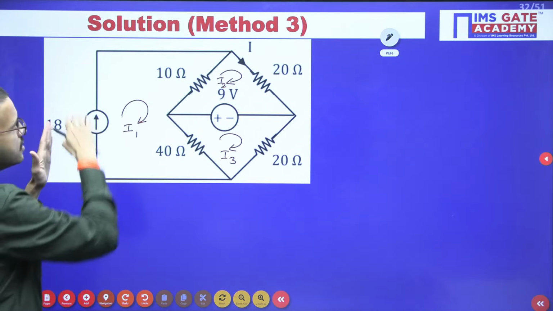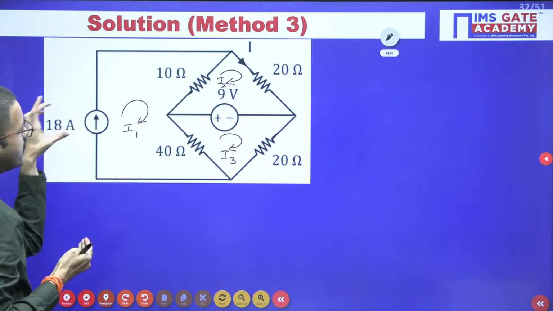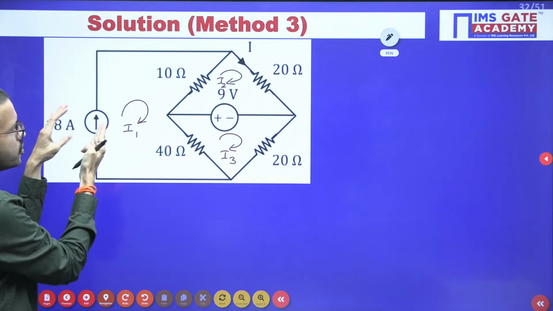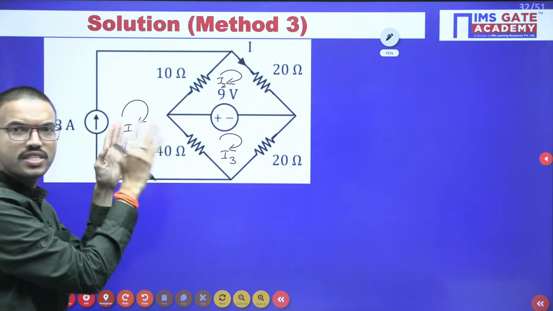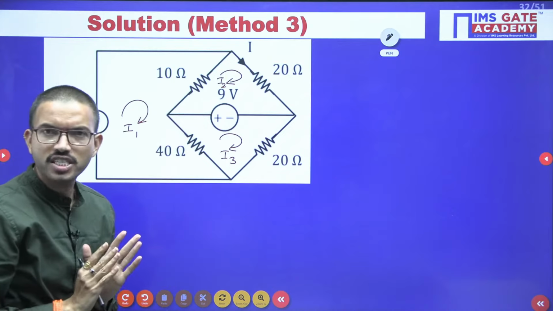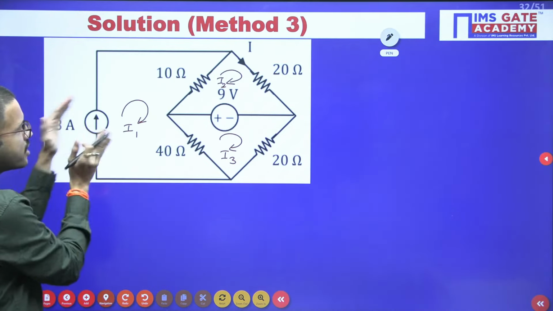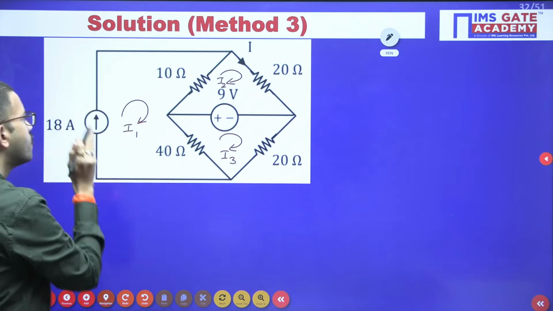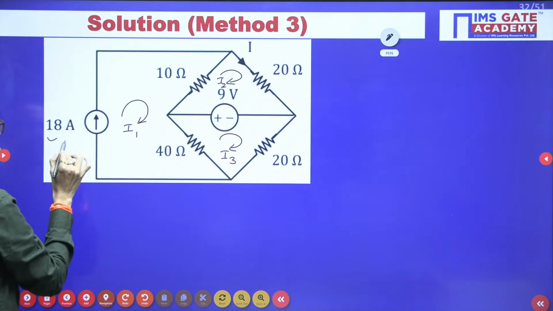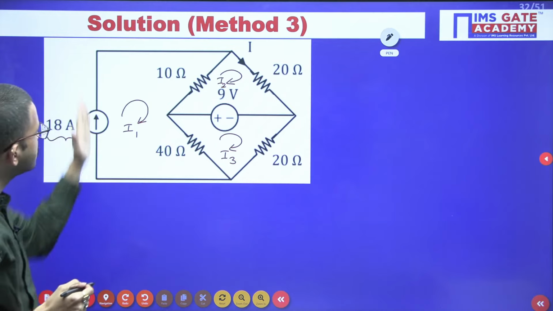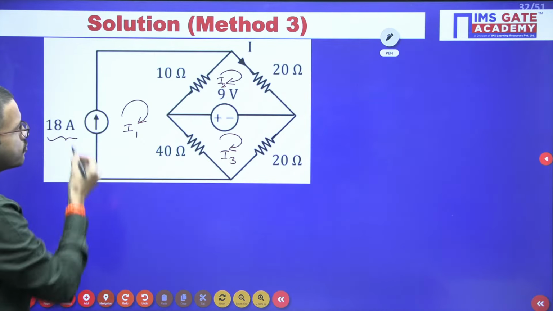Okay. And here, in this mesh, you are having one current source, and this current source is not common for any of the two meshes. Right? So this current source is only part of first mesh only. So whenever you're having like that, so that means the current source value here in this particular branch, 18 ampere current is flowing, right?